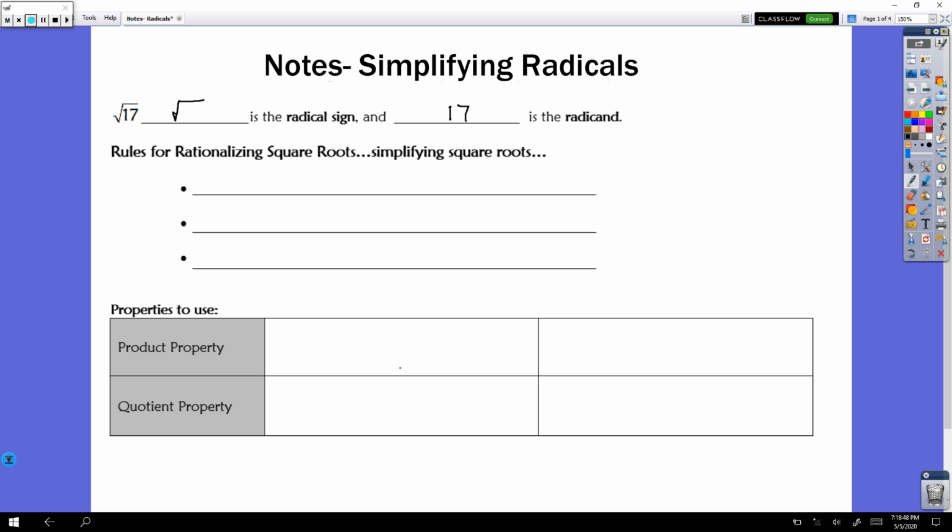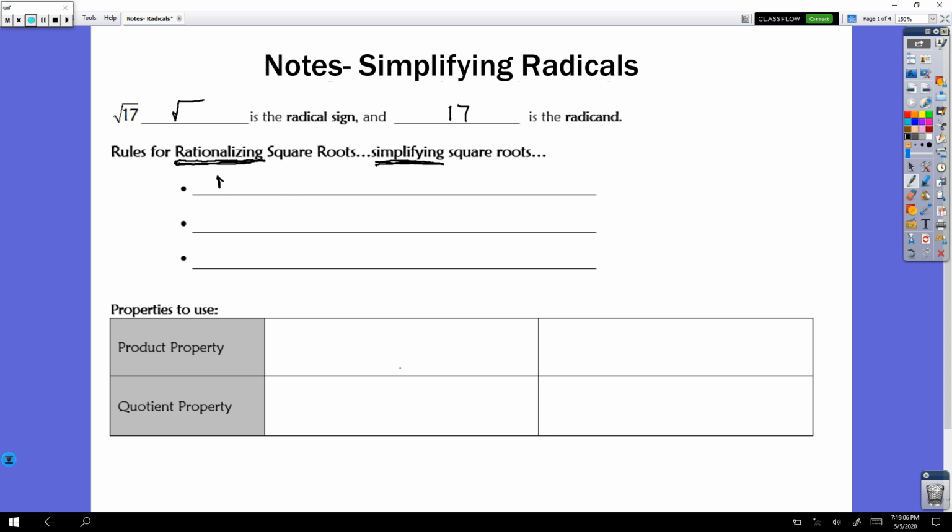So, rules for rationalizing square roots. Rationalizing is just the term we're going to use for simplifying a square root. Okay, so simplifying a radical. There's three things we have to make sure of.